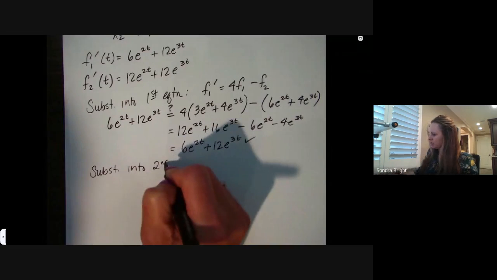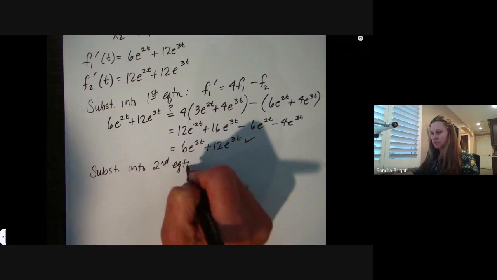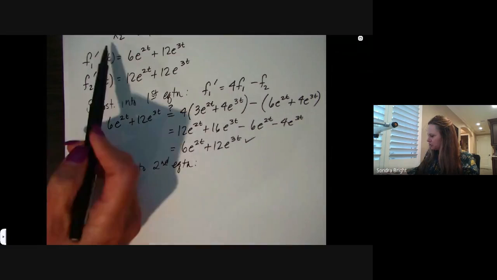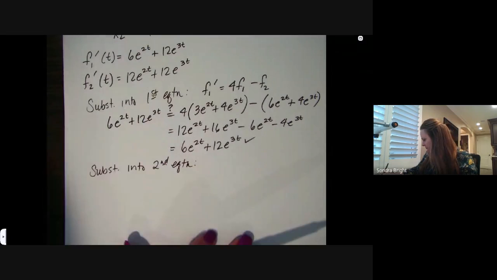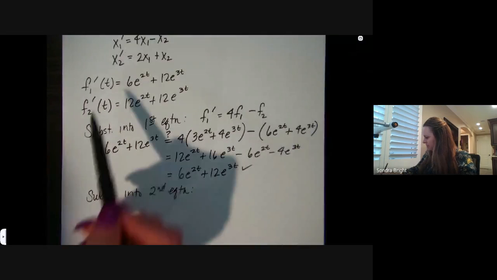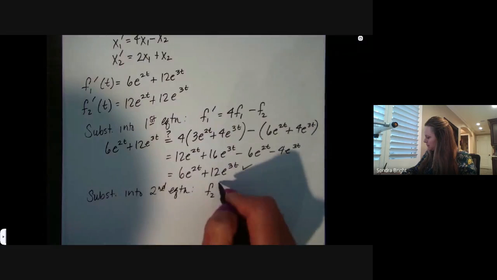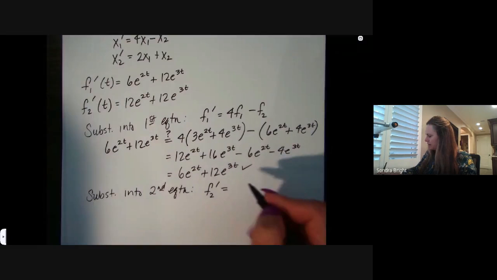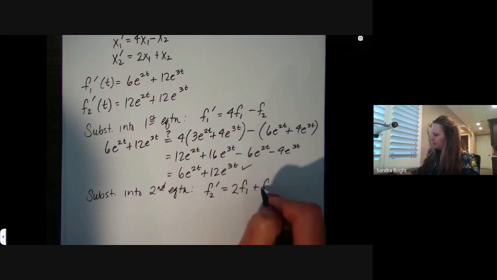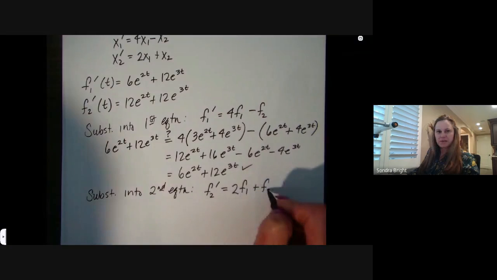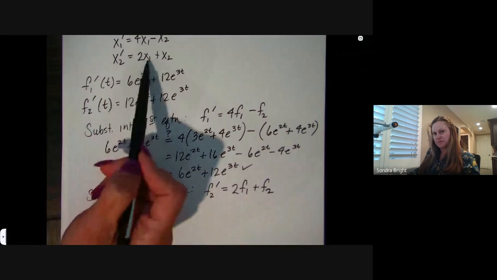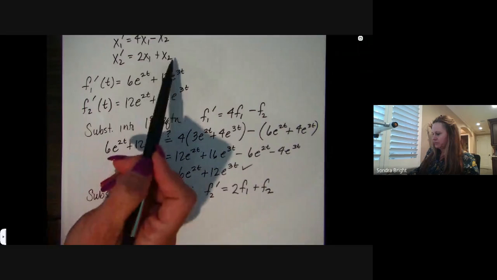The second equation says, x2 prime, that means f2 prime, is it equal to 2 times f1 plus f2. x1 is replaced with f1, x2 is replaced with f2. This is f2 prime.